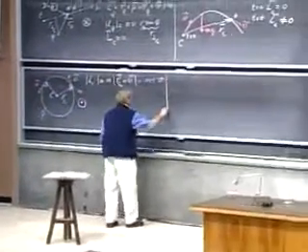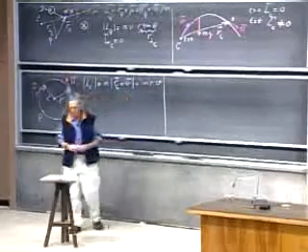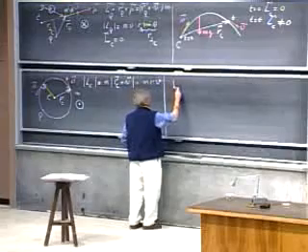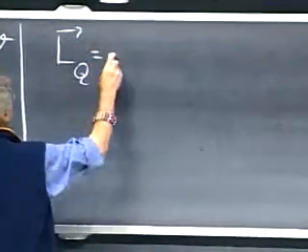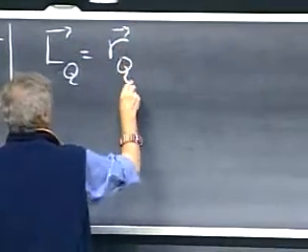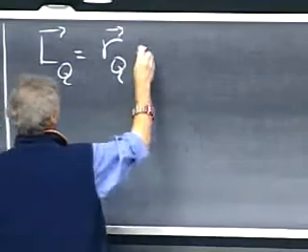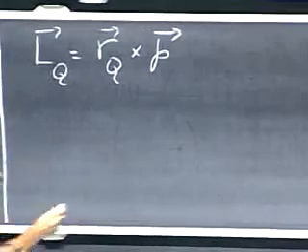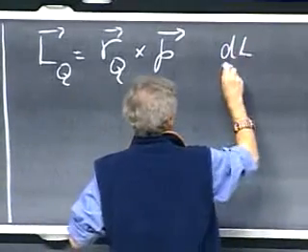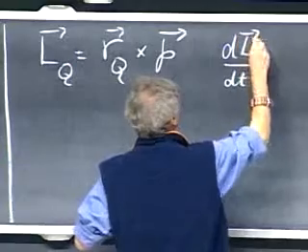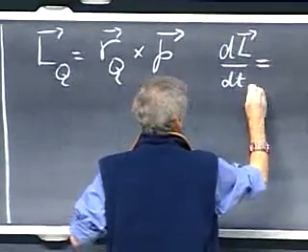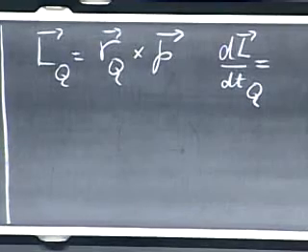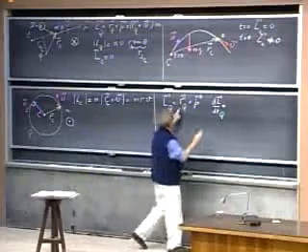And I want to address that in a little bit more general way. I take the angular momentum and I choose a point Q, and I know that the definition is position vector relative to point Q cross p. I take the time derivative, dL/dt, relative to that point Q. It's always important that you state which point you have chosen, relative to which you take the angular momentum.